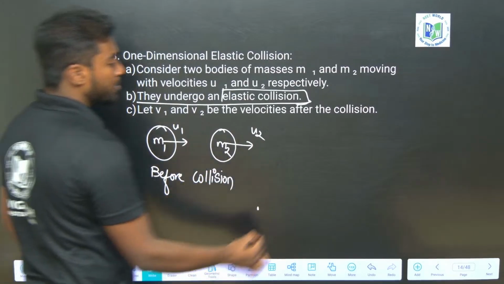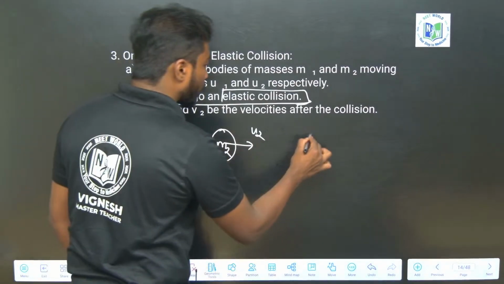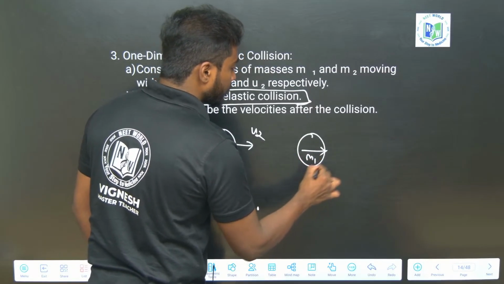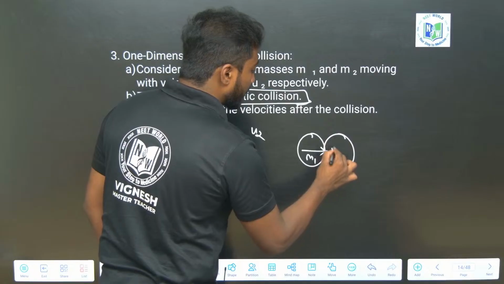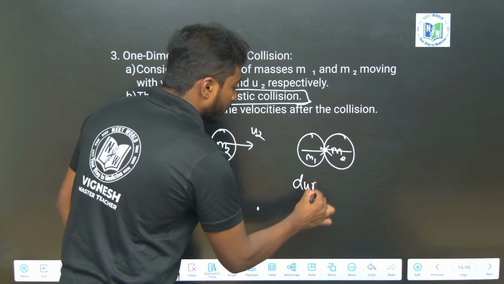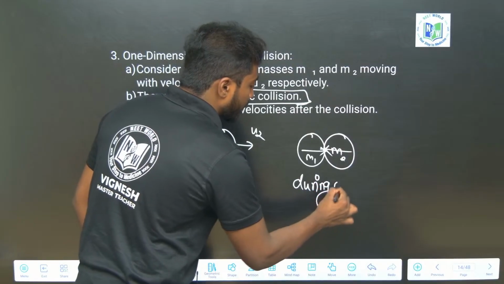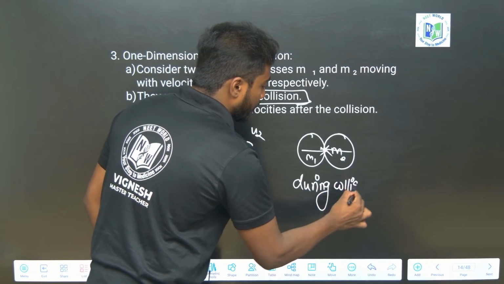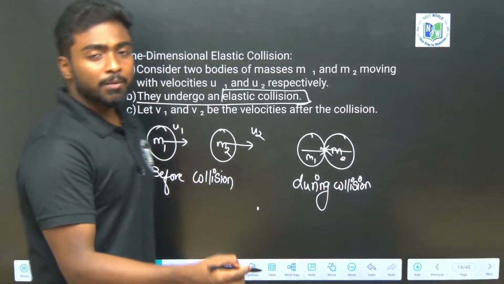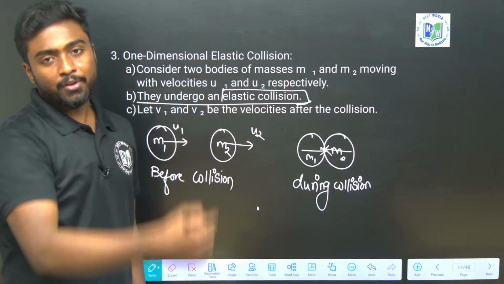During collision, this is m1 and this is m2. After collision, velocity u will become v, right?